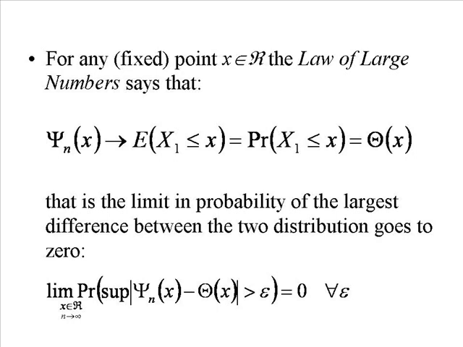That is, the limiting probability of the largest difference between the two distributions goes to 0. So the limiting probability of the supremum of the differences in absolute value of the two distributions tends to 0 for any epsilon really small.